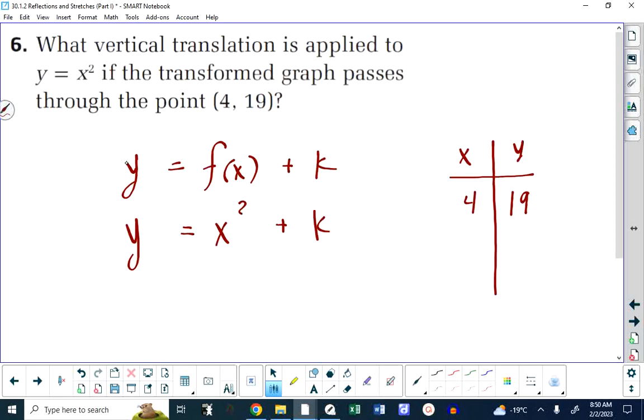You would put 4 in for x, put 19 in for y, simplify, and solve for k, and that would give you your answer. If you got k equals 3, then the answer is it shifted 3 units up, and I believe the answer is 3. Because you'll have 19 equals 4 squared plus k, 19 equals 16 plus k, k is 3.